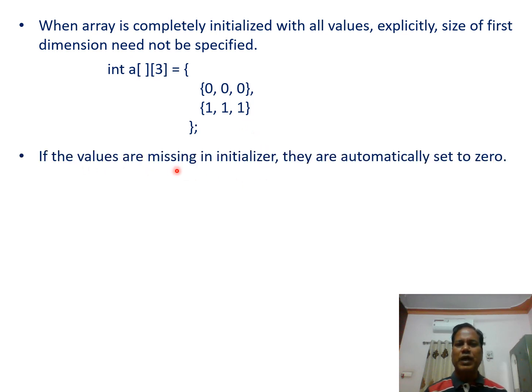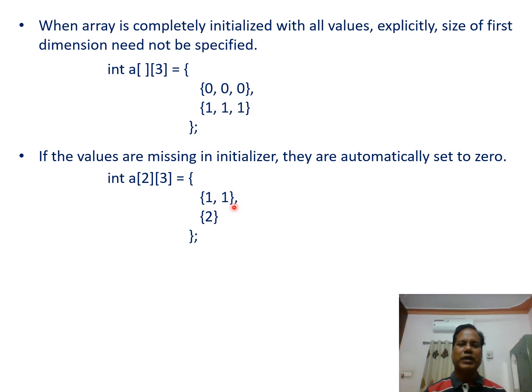If values are missing in the initializer, they are automatically set to 0. What does it mean? In this one, it is int A[2][3], 2 rows and 3 columns. But while initializing, in the first row the third value is missing.